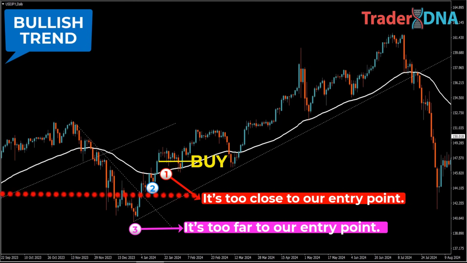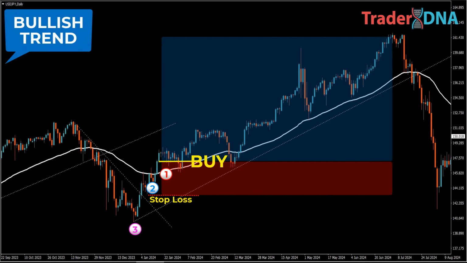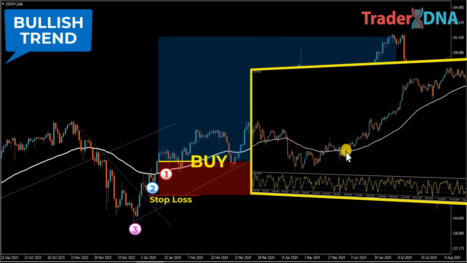So the best option here is right below the nearest swing low, and then boom, the market explodes into a bullish trend, locking in massive profits. Now, since this is a confirmed bullish trend, you can take advantage of multiple buy entry points using additional techniques like combining CCI and EMA analysis to pinpoint more precise setups.